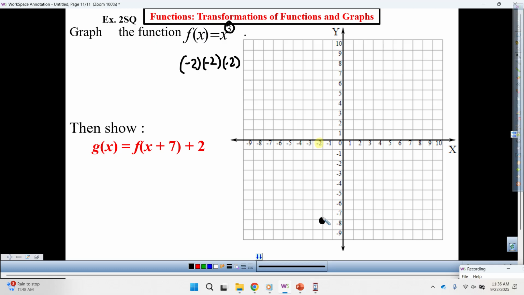Once again, we need to get used to these without the tables. It can go a little bit faster. My next value is negative 1. Negative 1 cubed. Tell your neighbor where we place that point.